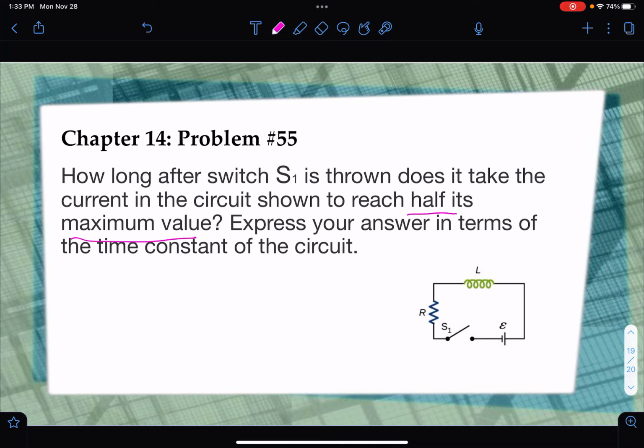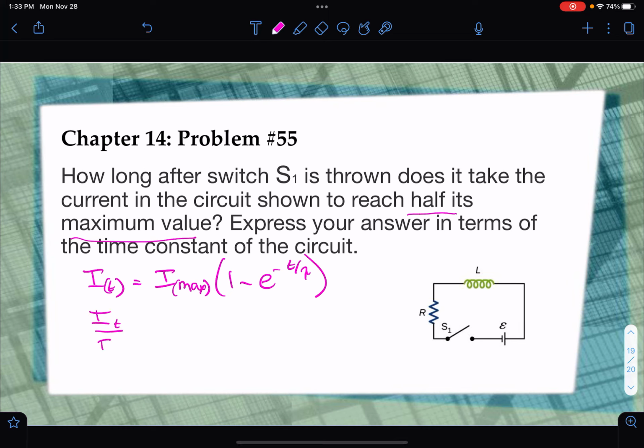So this is very similar to how we set up the other one. How long after a switch is thrown does it take the current in the circuit to reach half of its maximum? So we have I at a certain time is I max times 1 minus e to the negative t over tau. When I divide, once again, I over I max, that's going to be my 0.5, because that's 50%.